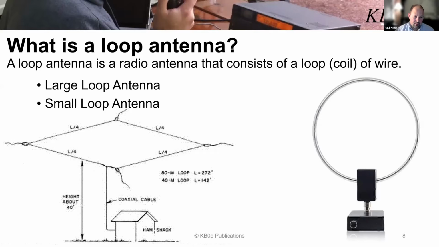Well, that's quite a bit different than a small loop like this that might only have maybe 6 feet of conductor from here all the way around and back to here again. So this might have a 3 to 4 foot diameter. So much difference in physical characteristics, and they operate differently too as a result. So again, what is a loop antenna? It's basically just a coil, a loop of wire.